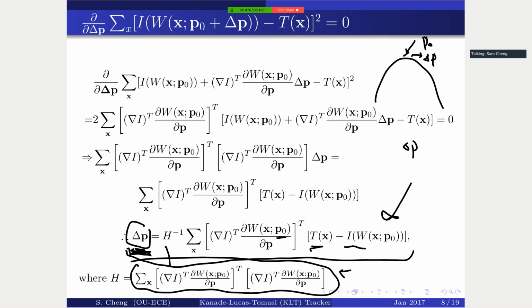So we kind of assume, we hope delta P to be 0, right? So we hope delta P to be 0.